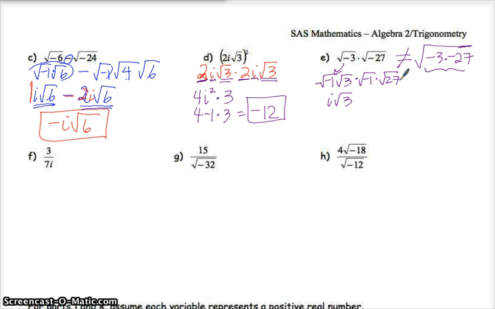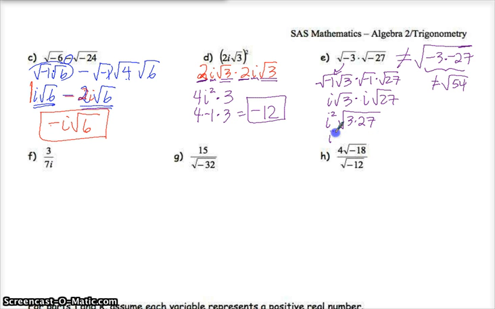So we can't go back and multiply them together and make it a positive 54, because then we're ignoring the fact that we're going to have an i for both of them. And i times i is i squared, which is -1. So we have an i squared times 3 times 27, right?